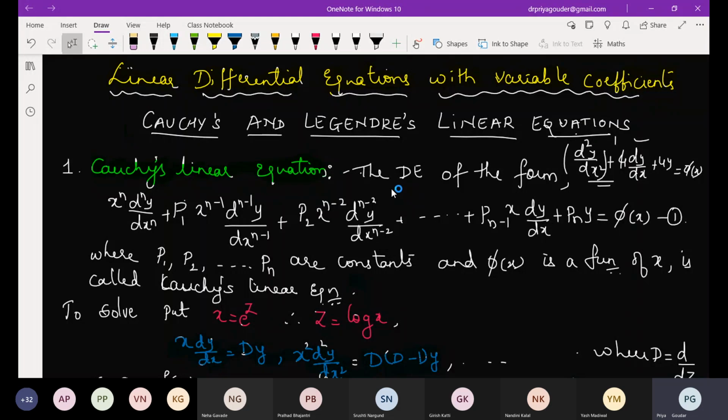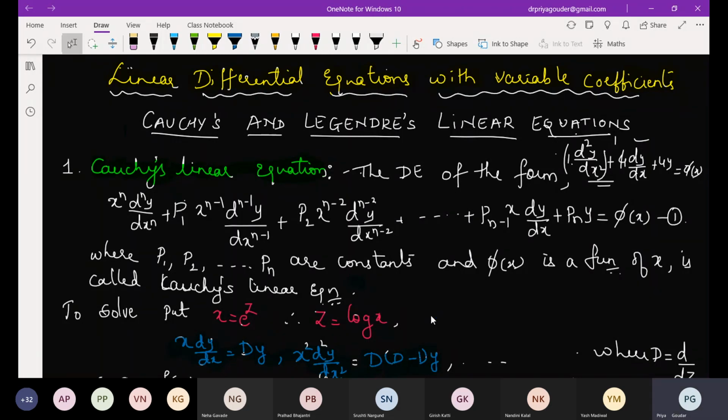Now see, along with d square y by dx square, what is the coefficient here? What is attached to d square y by dx square? Nothing, which means it is 1, isn't it?